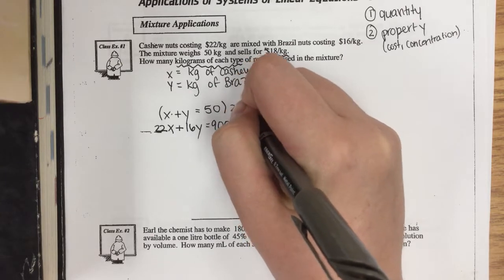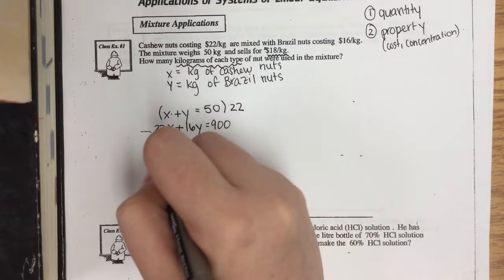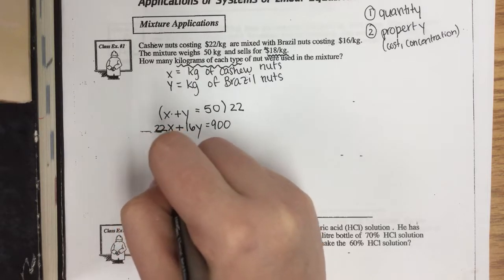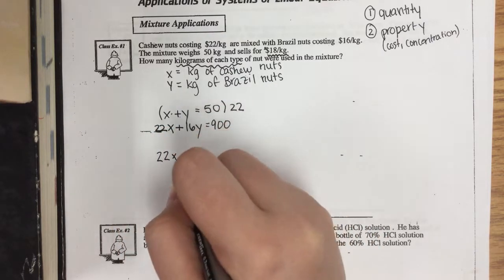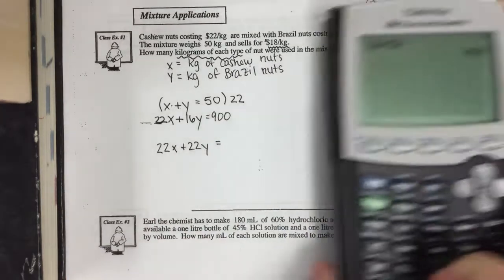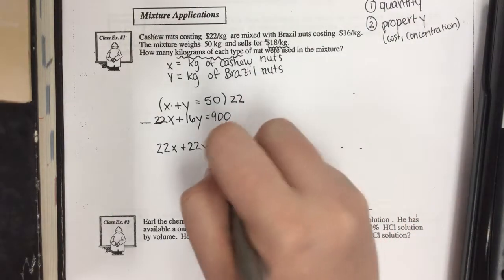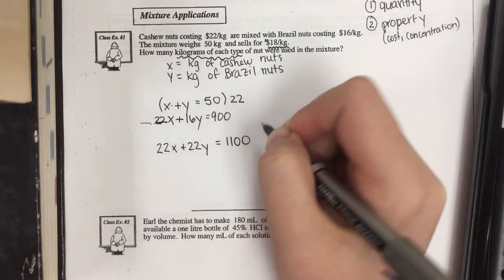I'm going to multiply by 22. Everything gets multiplied by 22, so I have 22x plus 22y equals 22 times 50 equals 1100.